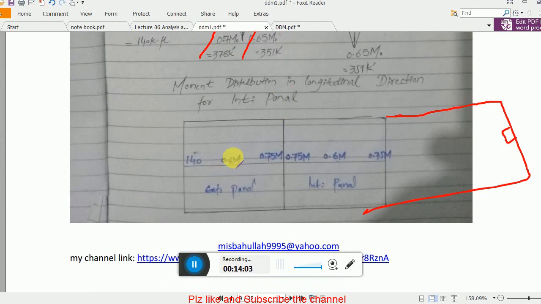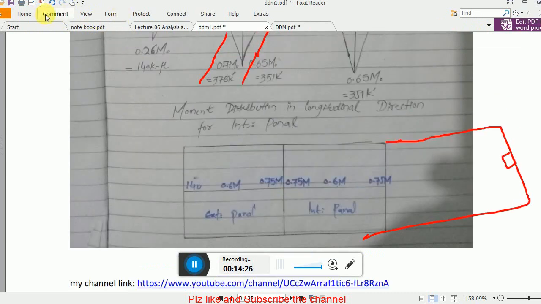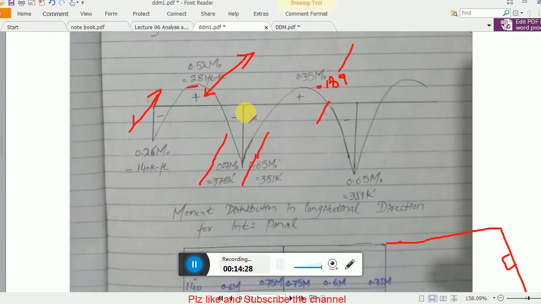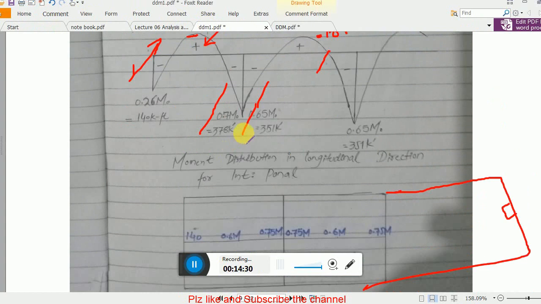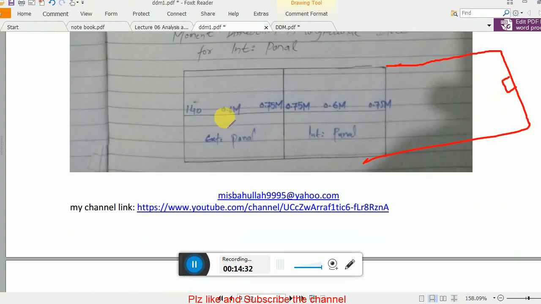And remember, 60% of M naught, not of M naught. Clear? This 60% is of this 281. 60% of 281 will be here.